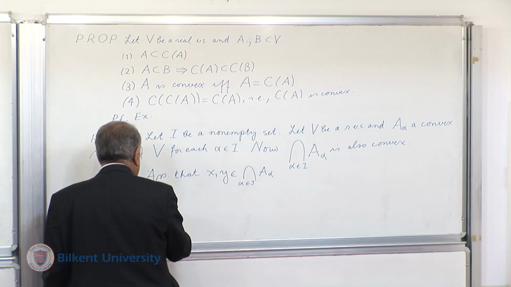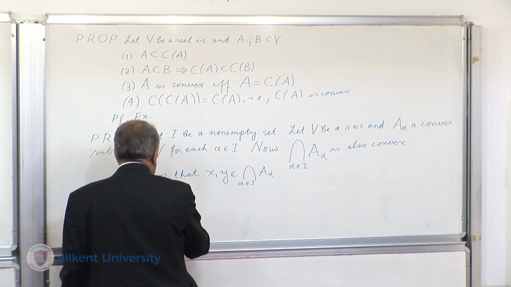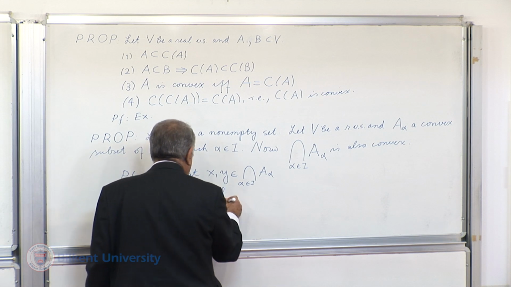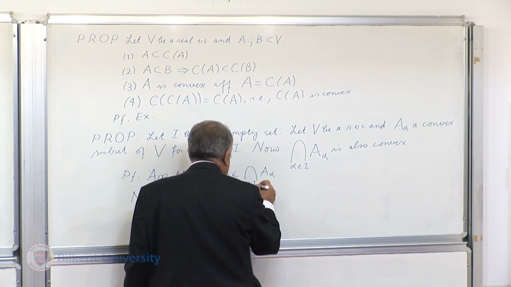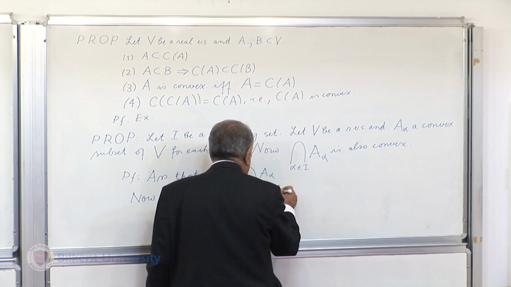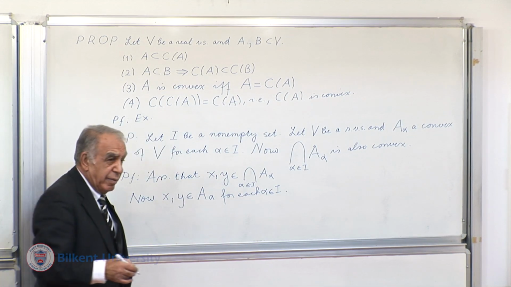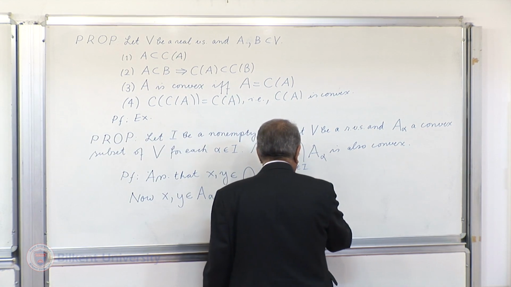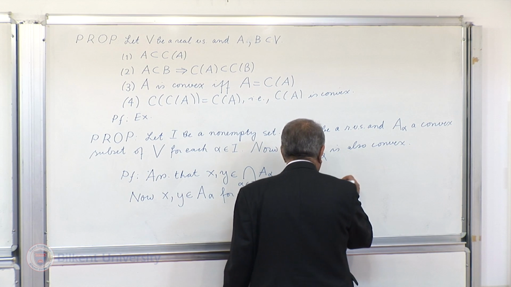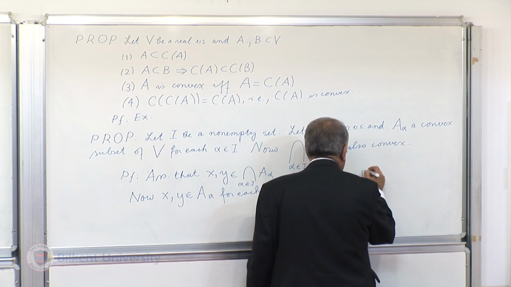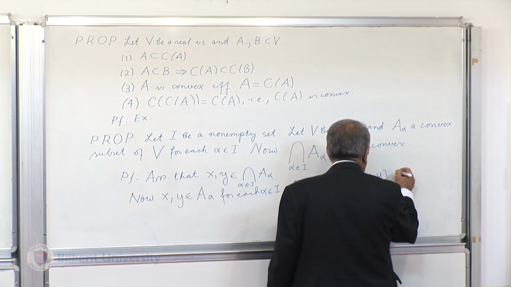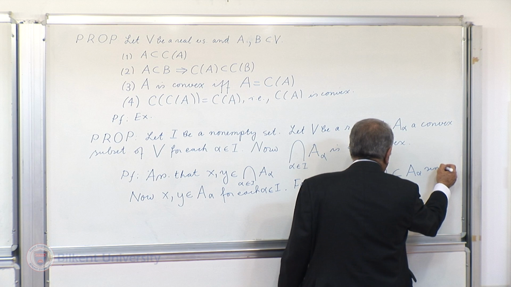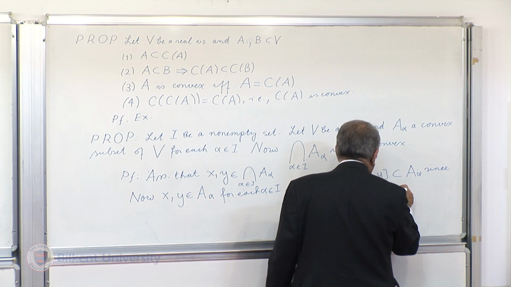Now, x and y separately are in A alpha for each alpha in I. But since each A alpha is convex for each alpha in I, the line segment xy will belong to A alpha.